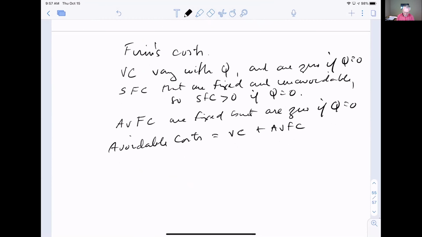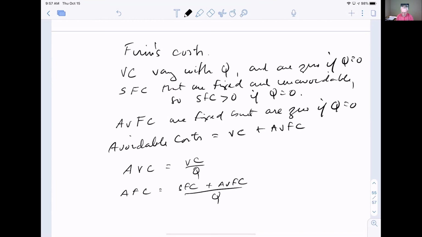So we have some new terms here. We have average variable cost, which we said was variable cost over Q. We have average fixed cost, which is going to be sunk fixed costs plus avoidable fixed costs. Those will be our total fixed costs.